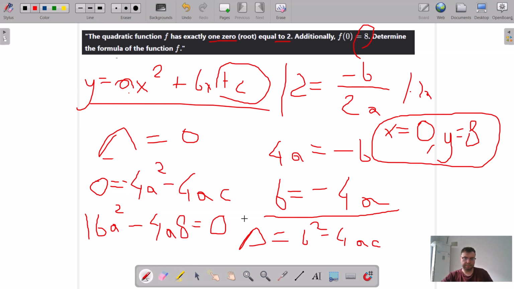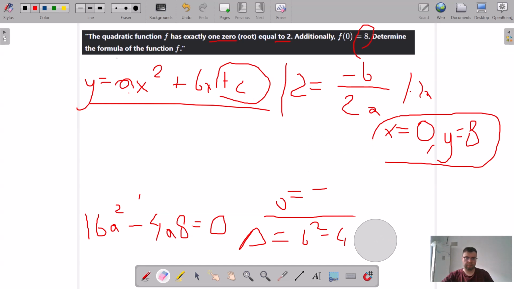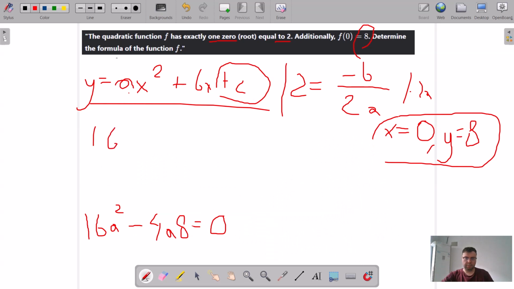And now we are very close to the solution. So we write 16a squared minus 32a, because 8 times 4 is 32, equals 0.